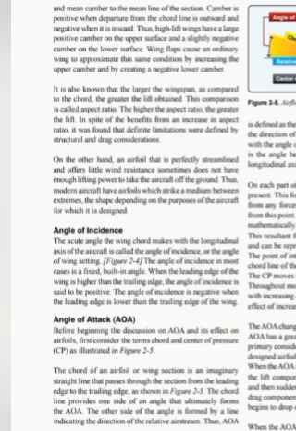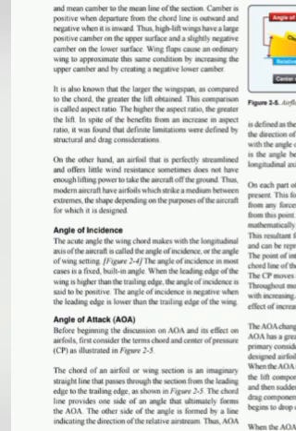It is also known that the larger the wingspan as compared to the chord, the greater the lift obtained. This comparison is called aspect ratio. The higher the aspect ratio, the greater the lift. In spite of the benefits from an increase in aspect ratio, it was found that definite limitations were defined by structural and drag considerations.